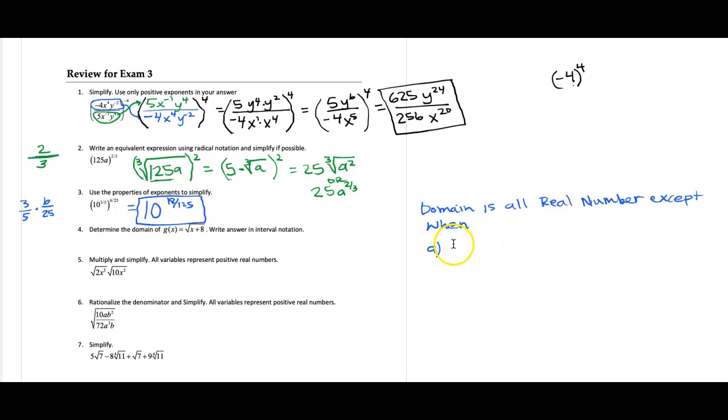So I'm just going to put can't take square root of a negative number. And then the other exception is we can't divide by 0.